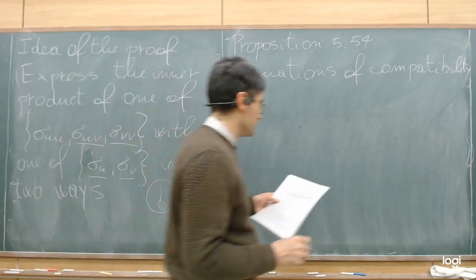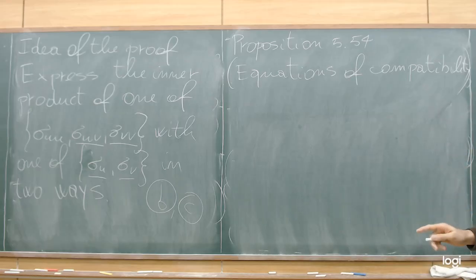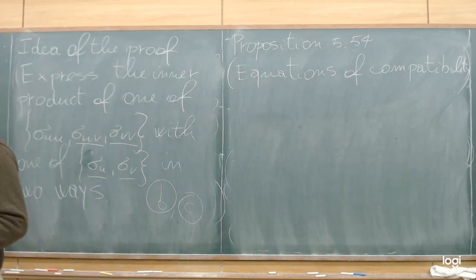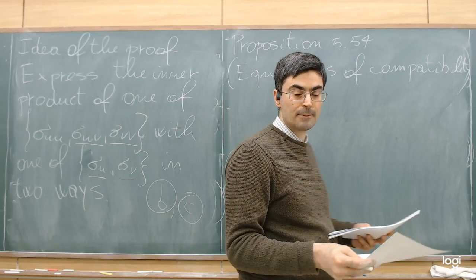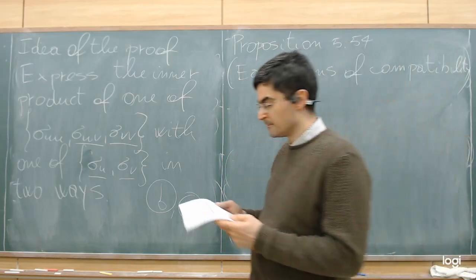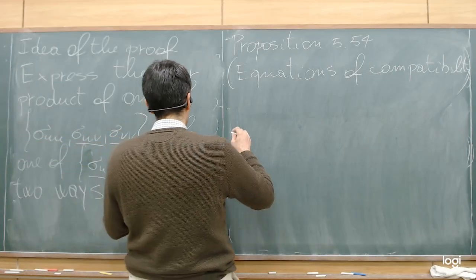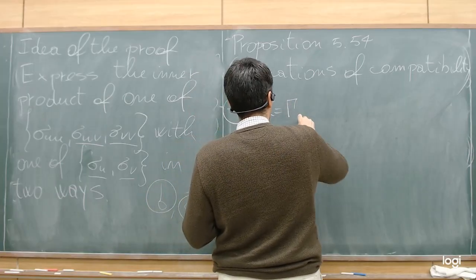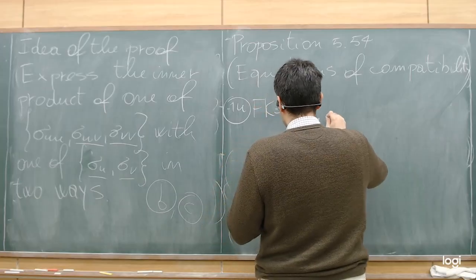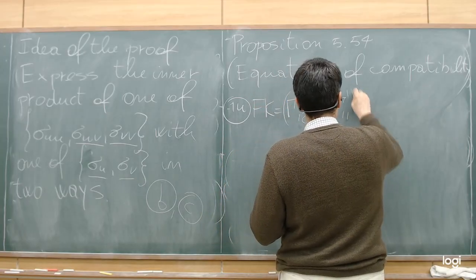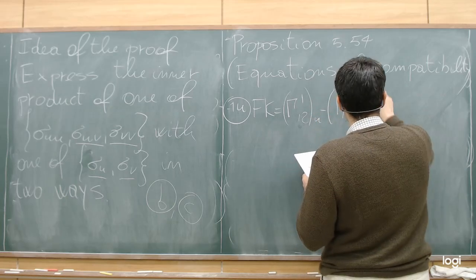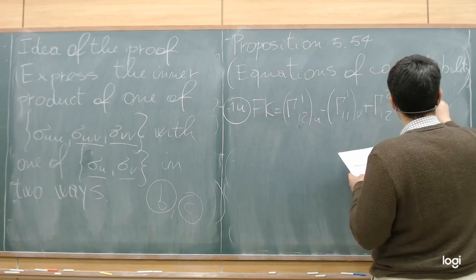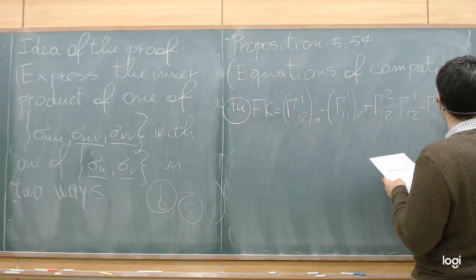Also this proposition has been proved by Gauss, and it says that there exists a relation involving the functions capital E, capital F, capital G, and E, F, and G. Precisely, we have that E K, this is gamma 1 1 2 gamma 1 2 1 u minus gamma 1 1 1 v plus gamma 1 2 2 gamma 1 2 1 minus gamma 1 1 2 gamma 2 2 1.